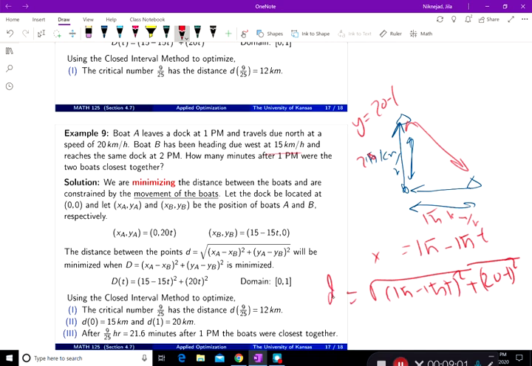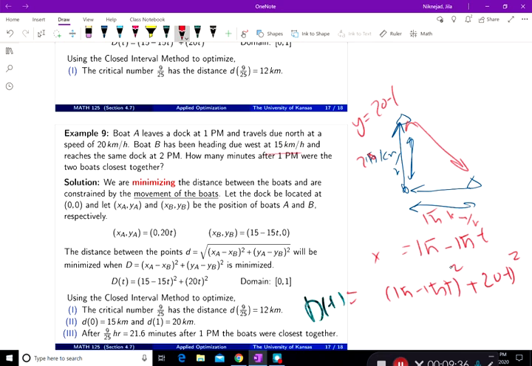One way of dealing with the problem is to take the derivative over here and find the critical numbers. I don't like the square root, so instead of this, I know that distance is minimum when the square of the distance is minimum, so I just square it, and instead of finding the minimum of the distance, I find the minimum of the square of the distance, which is this function.